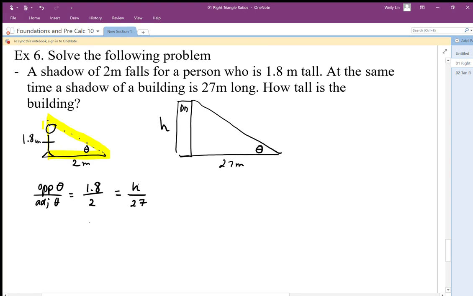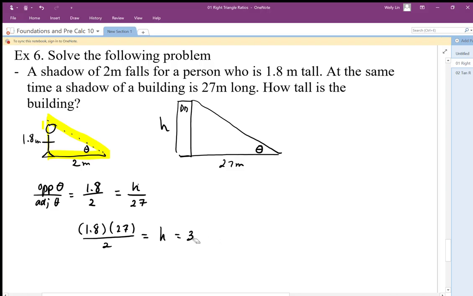So I get 1.8 times 27 divided by 2. This ends up looking like 36.3, so we have H equal to 36.3 meters.